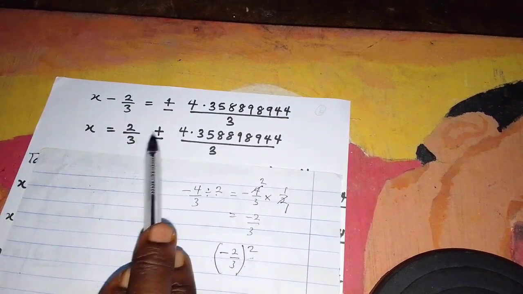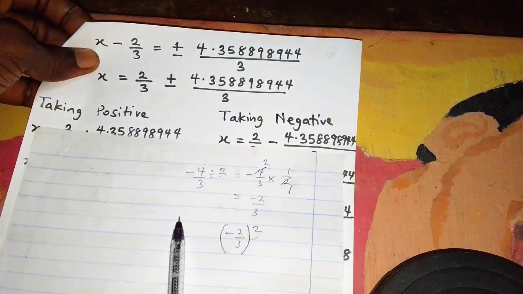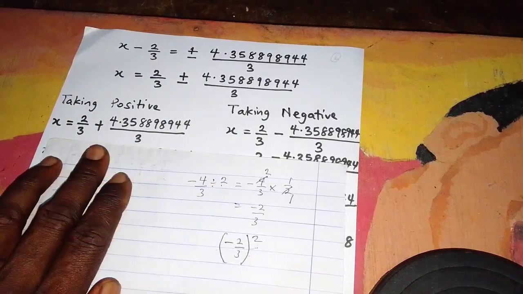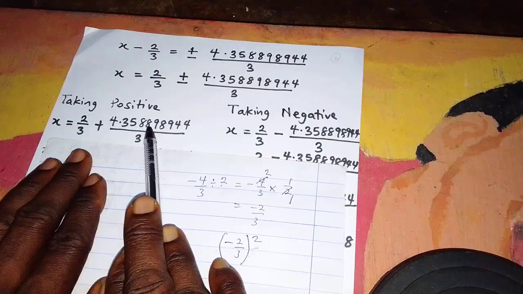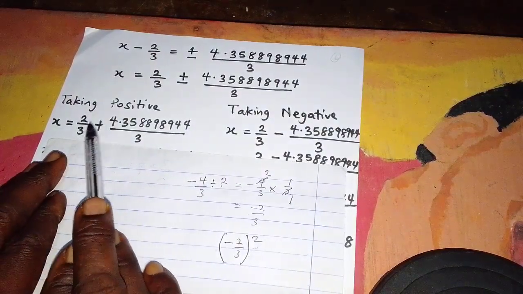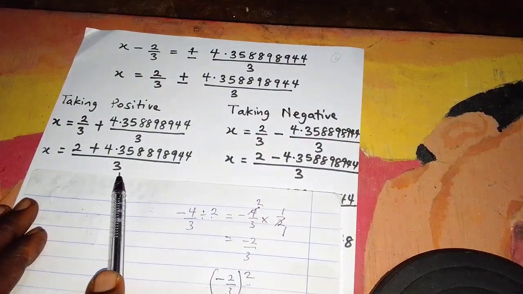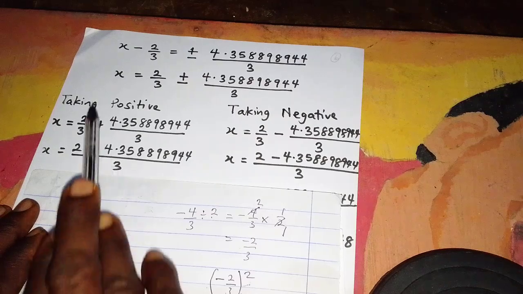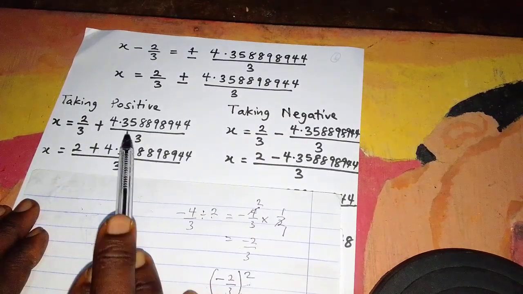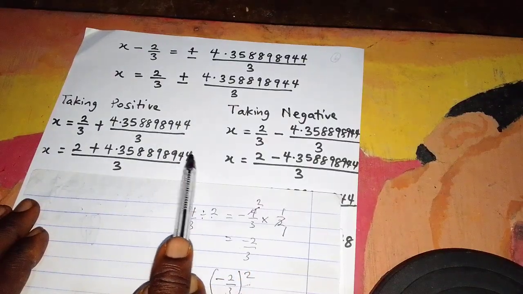When you get here, you now take the signs one after the other. You take positive, then you take negative. So let's try to do that. Taking positive, x equals 2 over 3 plus 4.358898944 over 3. Since 3 is the denominator, the 3 is the LCM. How many 3 are in 3? 1. 1 times 2 will give us 2, plus how many 3 are in 3? 1. 1 times this numerator will give us 4.358898944.